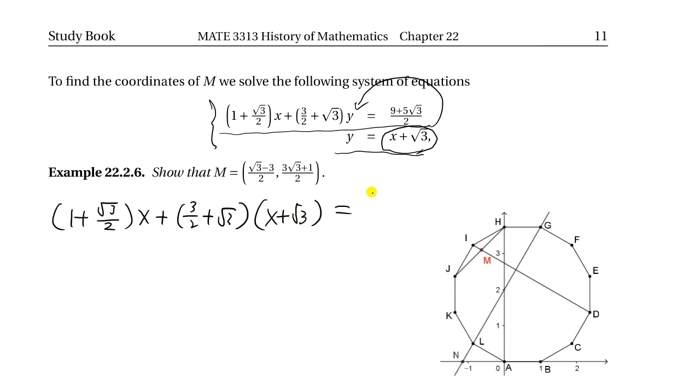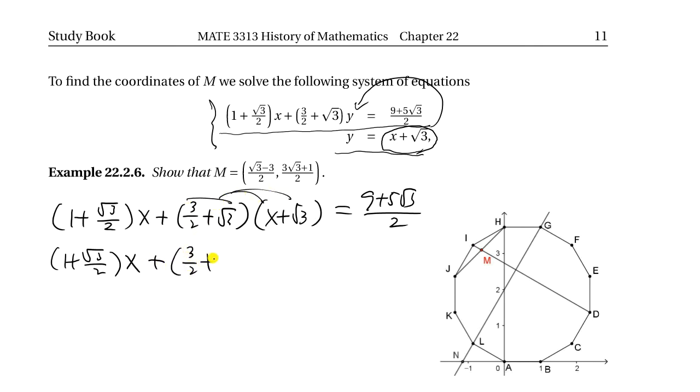And that should be 9 plus 5 square root 3 over 2, something like that. So we have 1 plus 3x, and by the distributive law, we have 3 halves plus 3x plus, for the constant term, 3 square root 3 over 2 plus 3, right? And we have that constant over there.